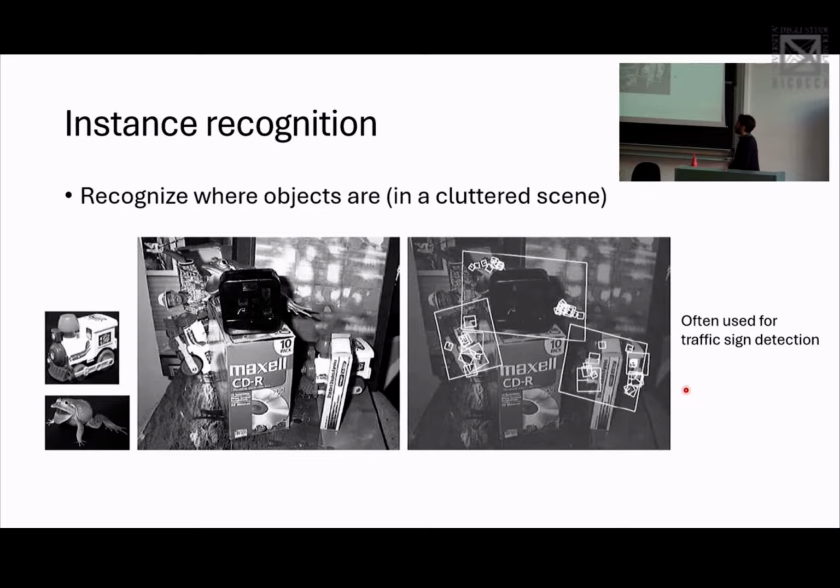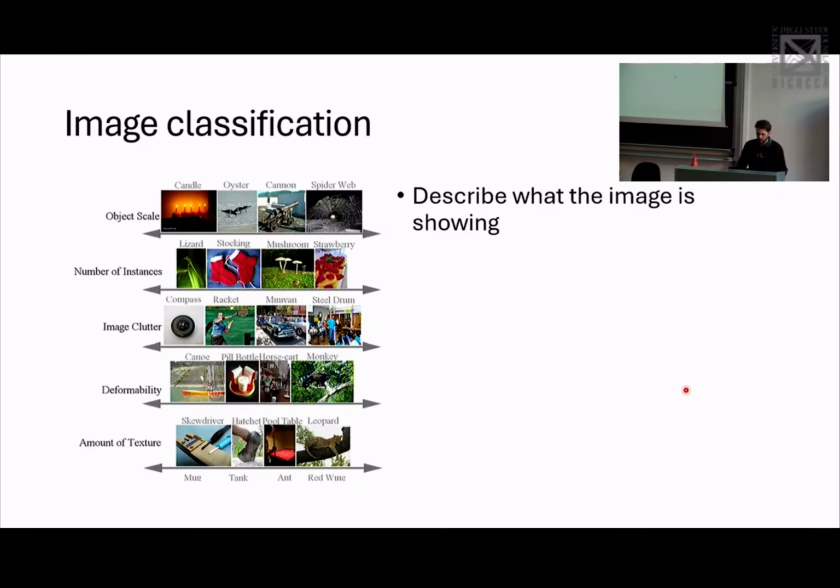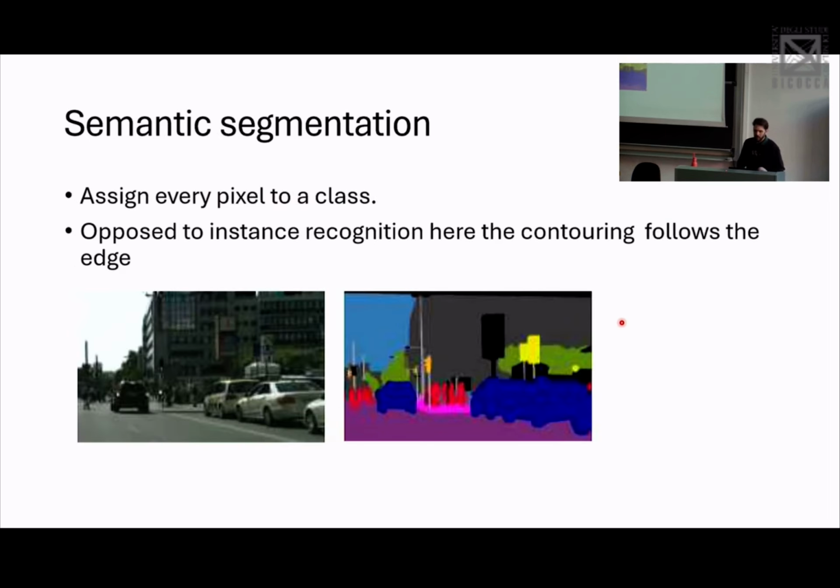And that used to be popular even 15 years ago on cars. You could get traffic sign detection reliably enough, but the shapes and everything were pretty distinctive. Image classification is to describe what the image is showing. Then we have the task of semantic segmentation, which means assigning every single pixel to a class.